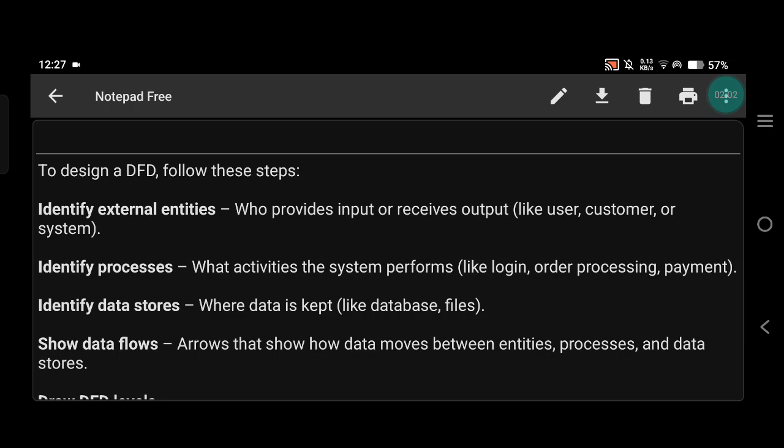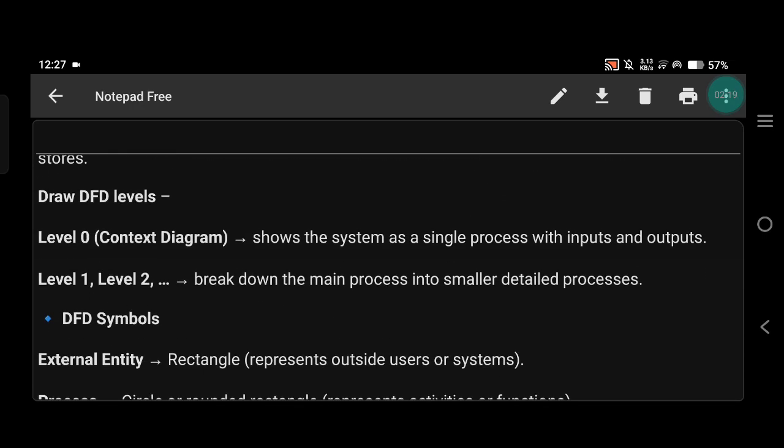Then show data flows, arrows that show how data moves between entities, processes, and data stores. Then draw DFD levels.